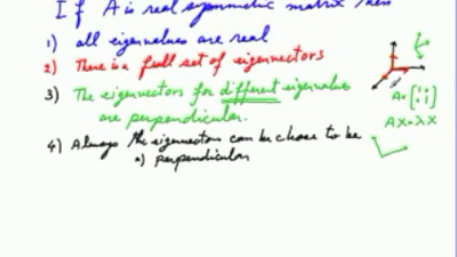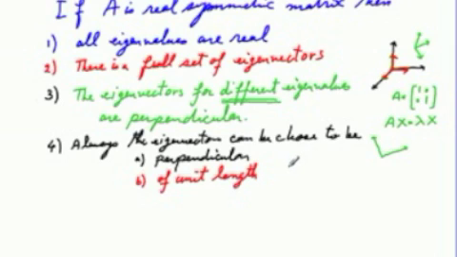So once you have your eigenvector, you can always cut it down to size, whatever size you want. Okay, so you make them as much as possible to look like ijk's.